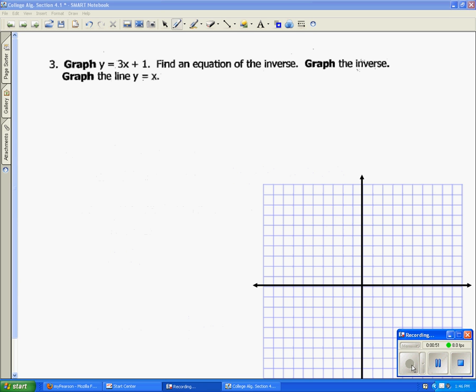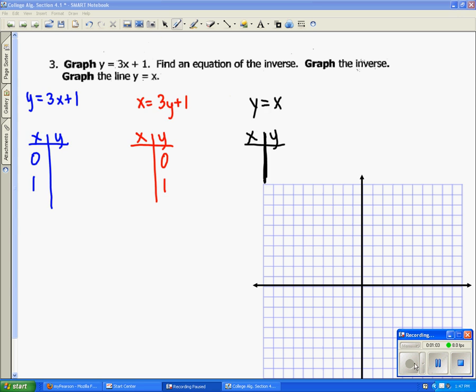In number 3, we want to graph the inverses. First of all, they're going to tell me to graph this first one, graph the inverse of it, and then graph y equals x. So I'm going to set that up now. When I set up this first equation, I'm going to substitute 0 everywhere x is at. 3 times 0 is 0, 0 plus 1 is 1.